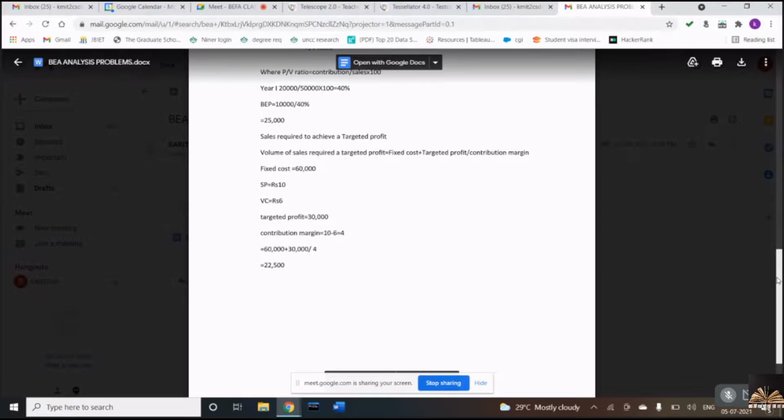Break-even point is fixed cost divided by PV ratio, so we got 25,000 as break-even. Is it clear? Now calculate margin of safety.